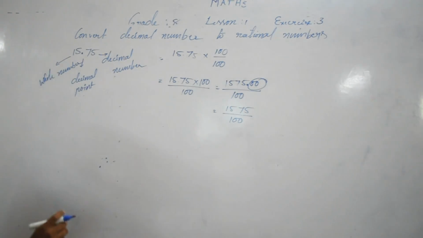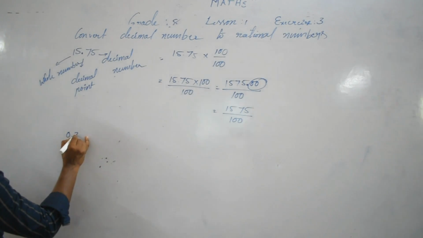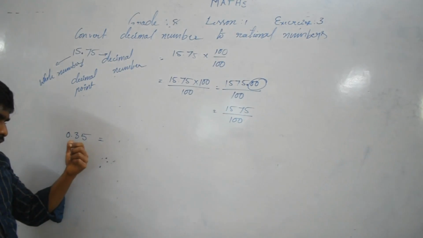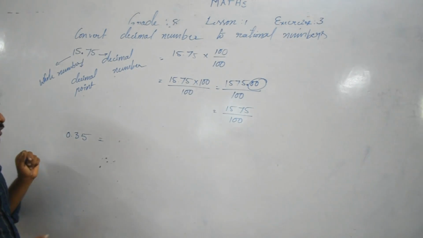Next one, 0.35. So here after the point there are 2 numbers.